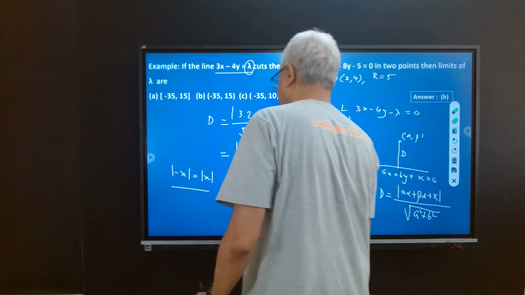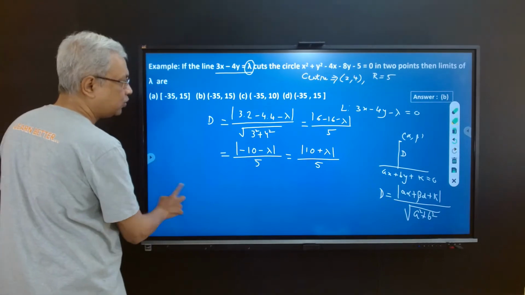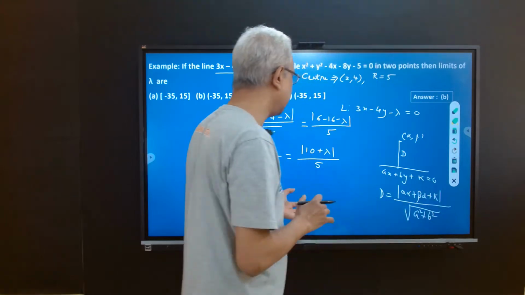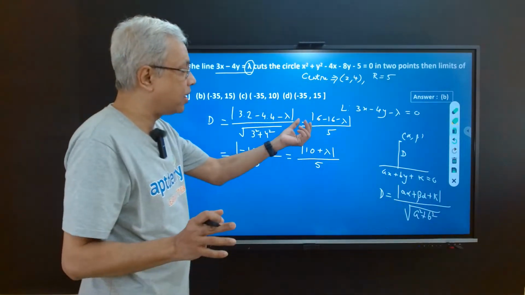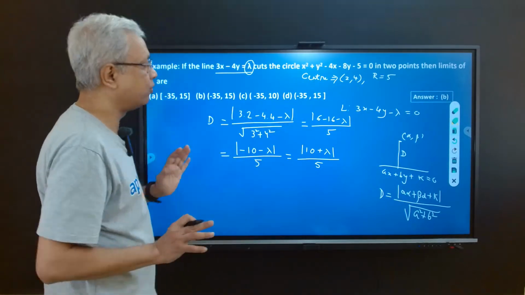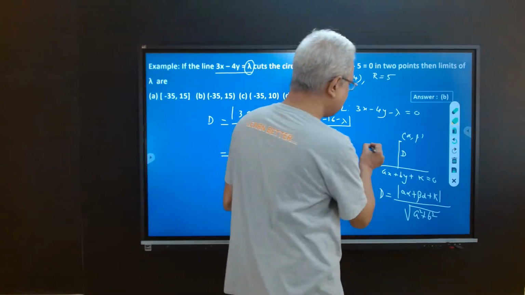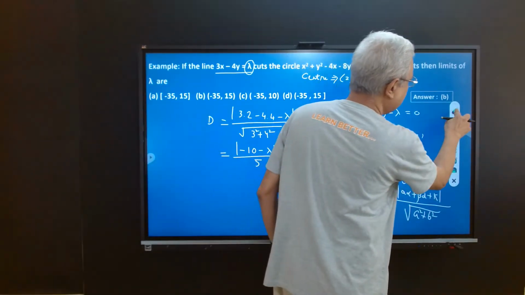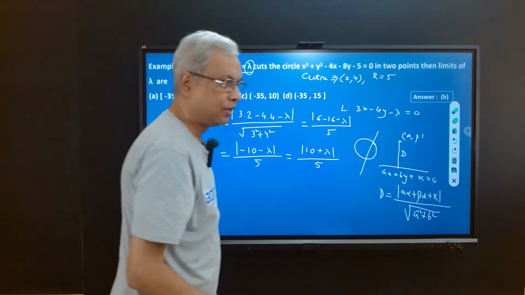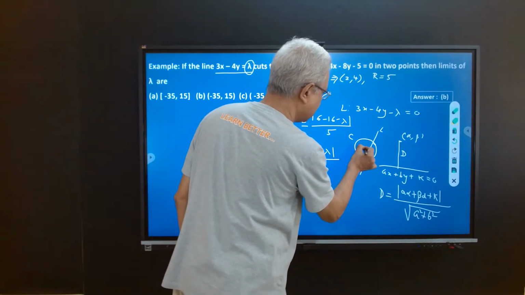This is the distance, but in the distance expression there is a modulus sign involved, because we do not know the value of lambda, whether it is positive, negative, or whatever. What are the permissible values of lambda? That we have to find out. That is the problem basically. Now, since the line intersects the circle, this is the line, this is the circle, this is the center.